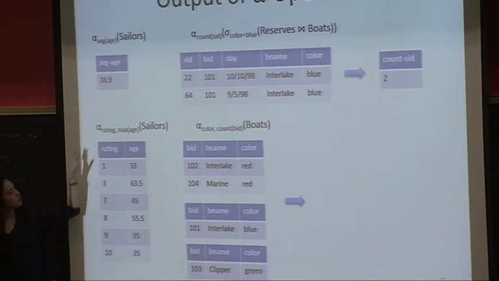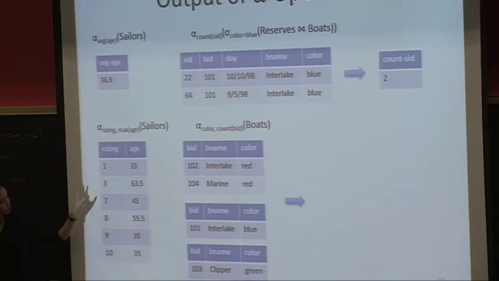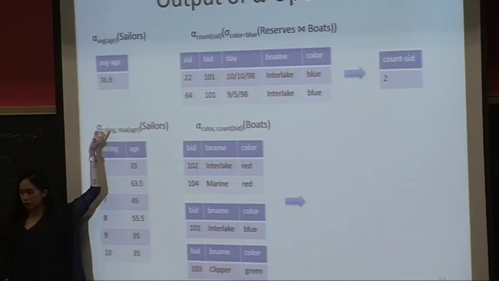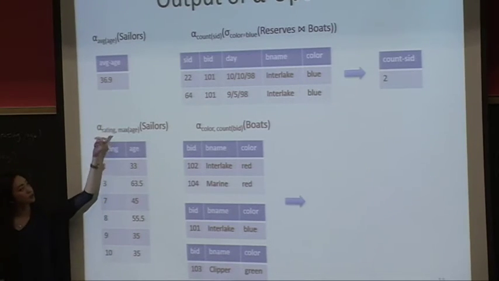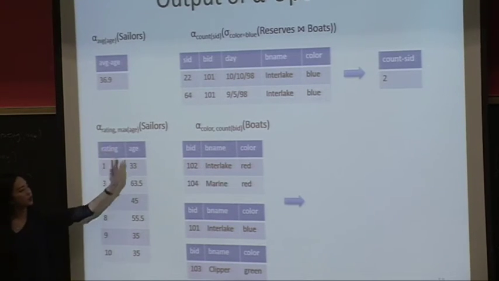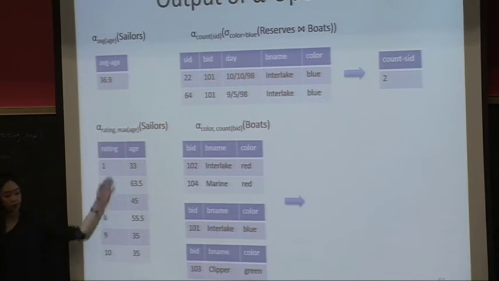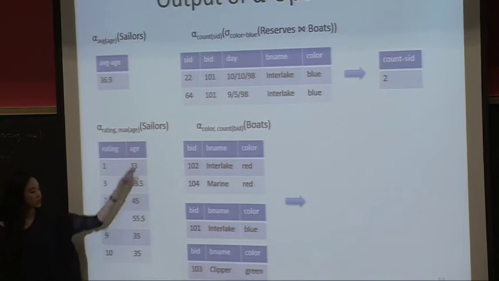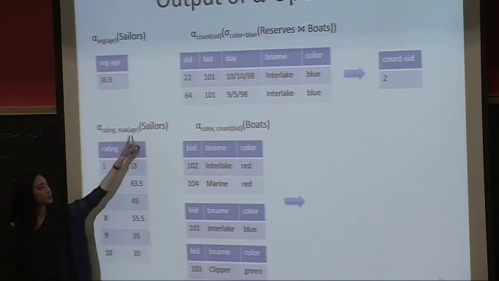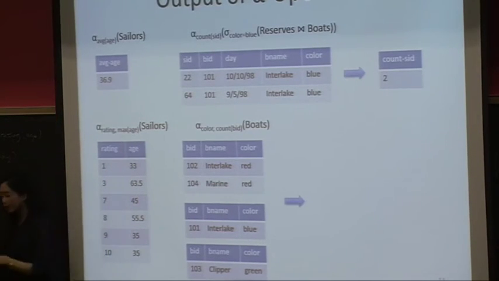So for this result, the number of rows is based on the number of unique values in the grouping, like the number of groups, right? And the number of fields is always 2, because the first one indicates what the grouping is based on, and the second one is the value, the maximum age.